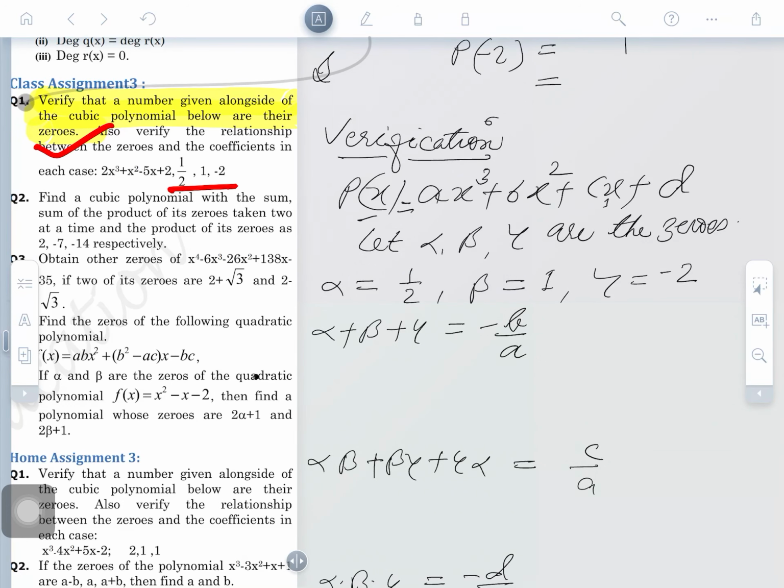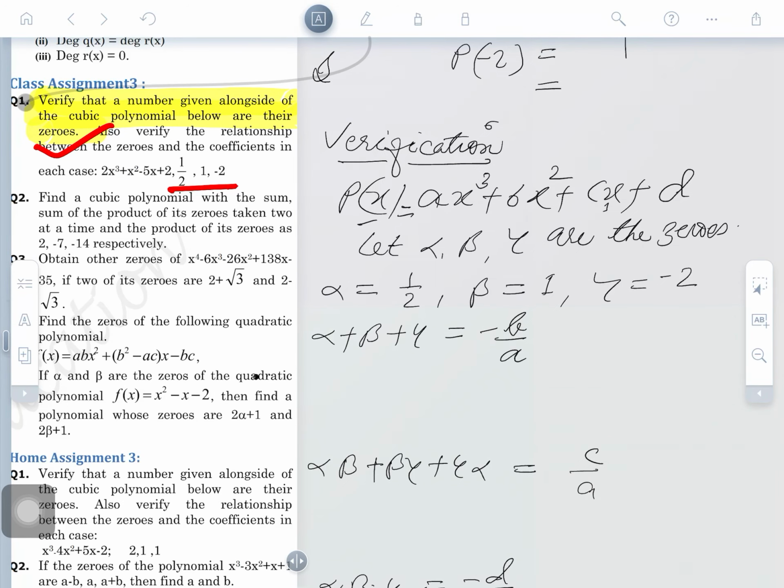So, what is alpha? Alpha is 1 by 2, plus beta, which is 1, and gamma, which is minus 2. And what is b? You may see from the question, b is the coefficient of x square, it is 1, and a is 2.